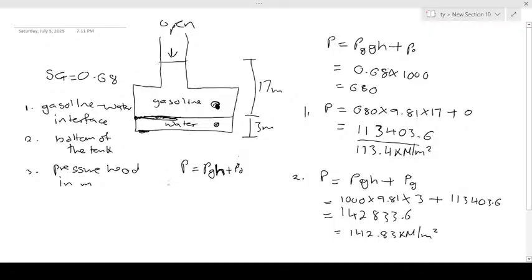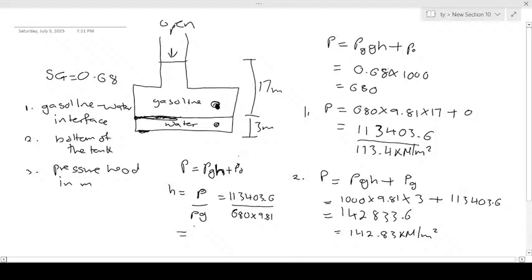So we change the subject: H is now pressure over rho G, which is 113,403.6 over 680 times 9.81, and that gives you 17 meters.